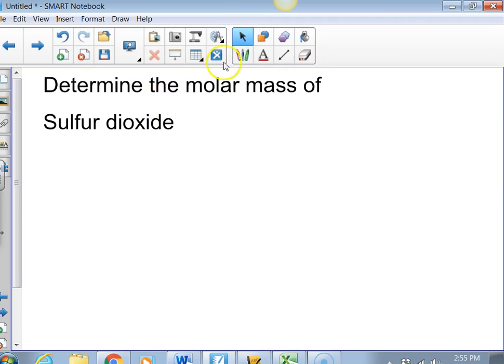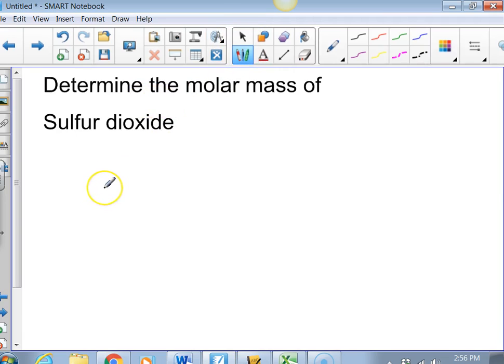Alright, next we want to move to molar mass. The difference between molar mass and formula mass is that with molar mass we're considering a mole of particles instead of individual particles. So with sulfur dioxide, instead of having 1 molecule of sulfur dioxide, we have 1 mole of SO2. Sulfur dioxide is covalent, no prefix for sulfur, so that's 1 sulfur, 2 oxygens.